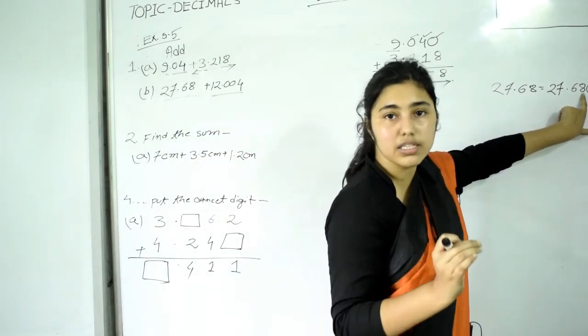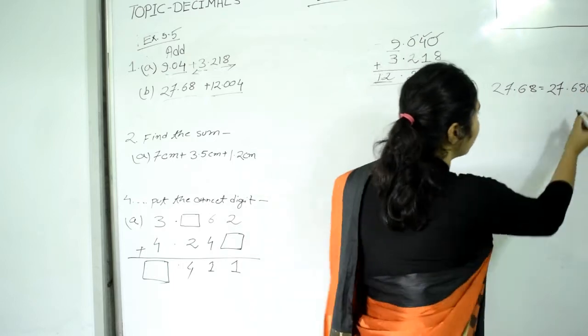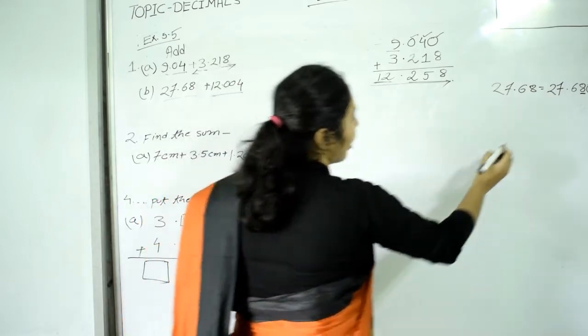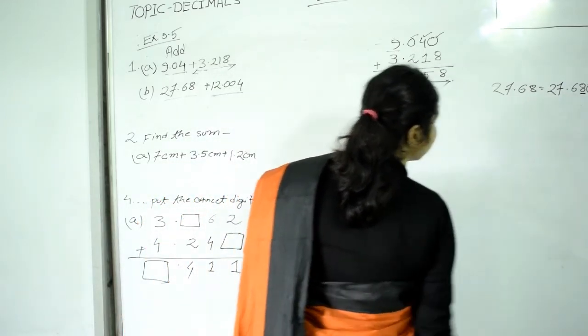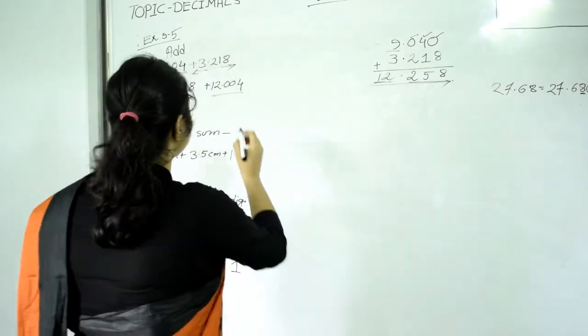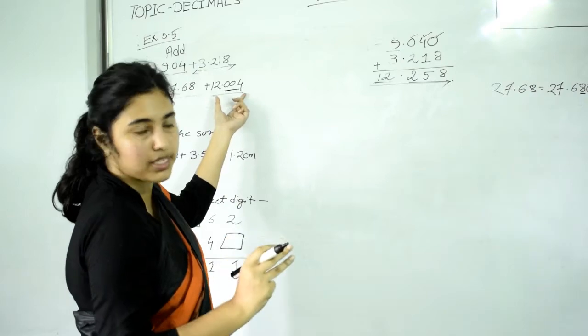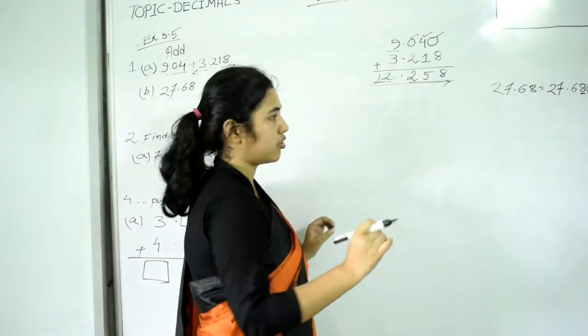After the last digit of the decimal places. Okay. So here 8 is our last digit after this decimal point. So take 0 after 8. Only 1 zero because here in this number we have 3 decimal places. That's why we are taking only 1 zero.